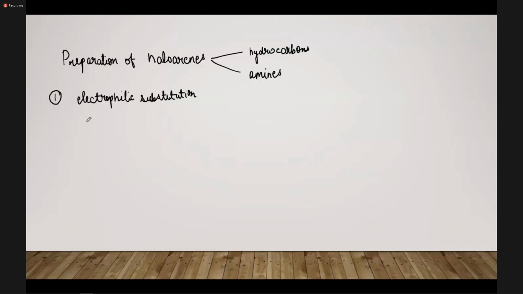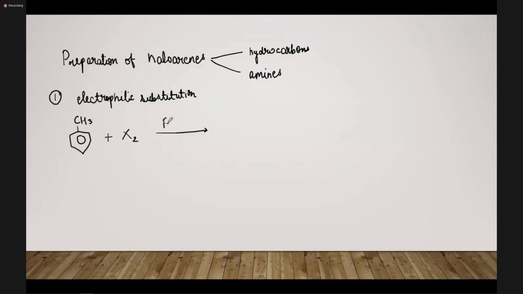This reaction has to be done in the dark, that is, no sunlight is used. So I am first writing down the reaction. Sorry, this is toluene. Then this is the halogen.